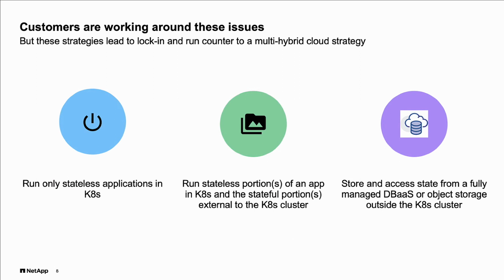And in other cases, what we have seen is customers are simply using some fully managed database as a service in a cloud, or object storage outside the Kubernetes clusters for maintaining state. Now, all these approaches work, but if you have a multi-hybrid cloud strategy, they sometimes run counter and can lead to a lock-in, which might be difficult for you to resolve once you have moved a whole bunch of applications and architected them that way.